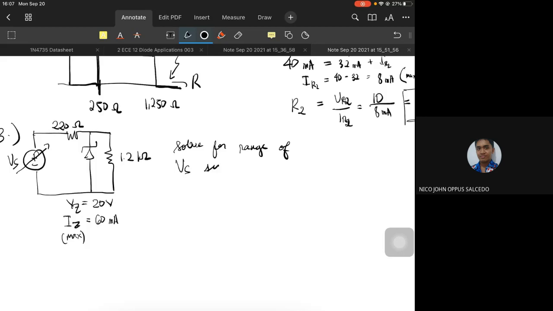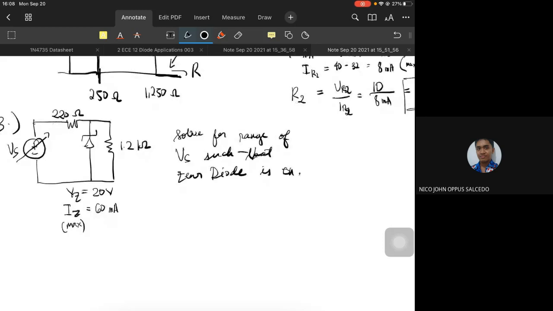such that the Zener diode is on. Ayan lang, no? R2 is fixed, R1 is fixed, Vs is variable.